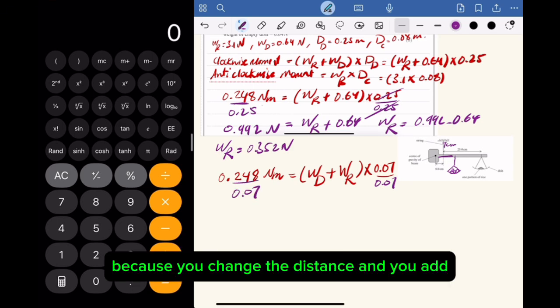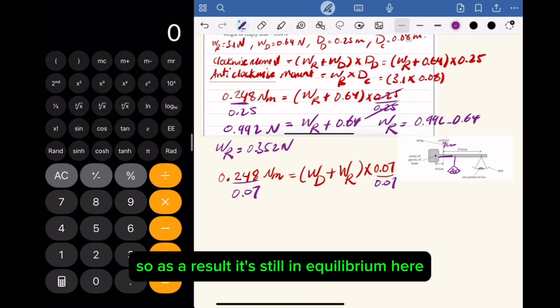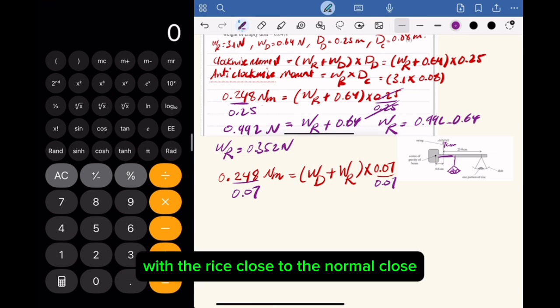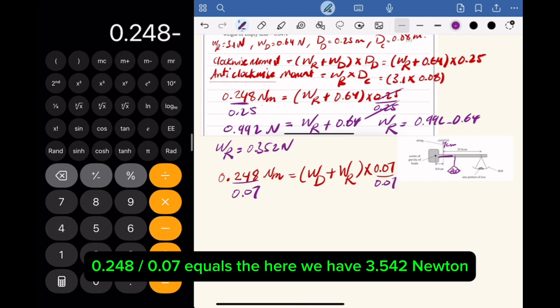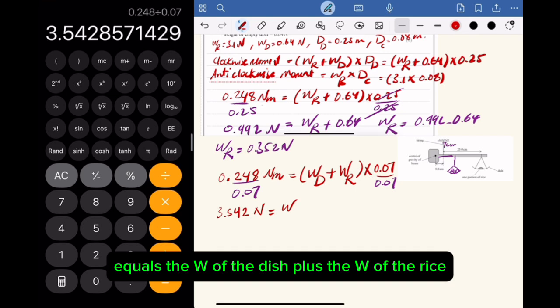Because you change the distance and you add more weight, more load, as a result it is still in equilibrium, so you have to change the position of the dish with the rice closer to the string. 0.248 divided by 0.07 equals 3.542 Newton, which equals the W of the dish plus the W of the rice.